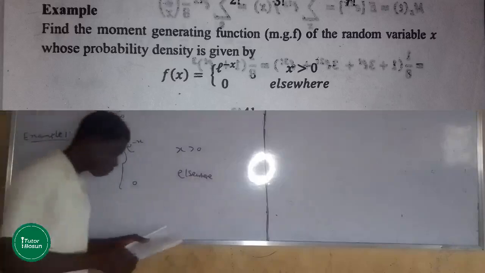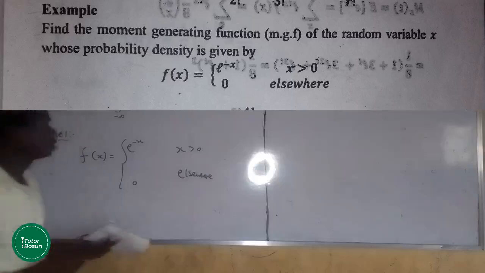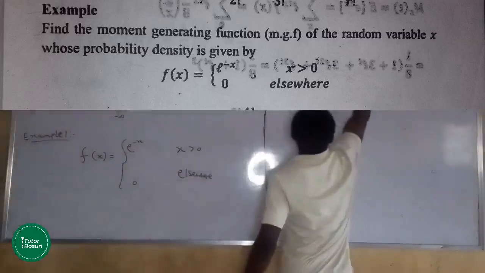So we have to find the moment generating function of that probability distribution.